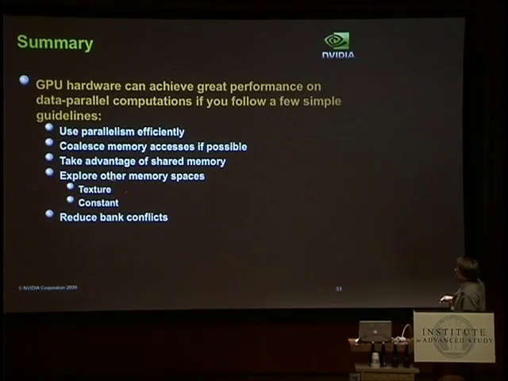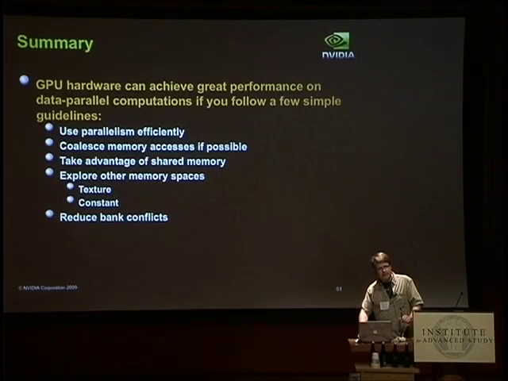I have examples loaded up for you where we use textures. I didn't put any examples of constant memory, but that's pretty straightforward. And this bank conflict stuff usually comes down to not accessing things in patterns of 16. So as long as you don't organize your data that way, you'll be fine. Okay. Any questions?